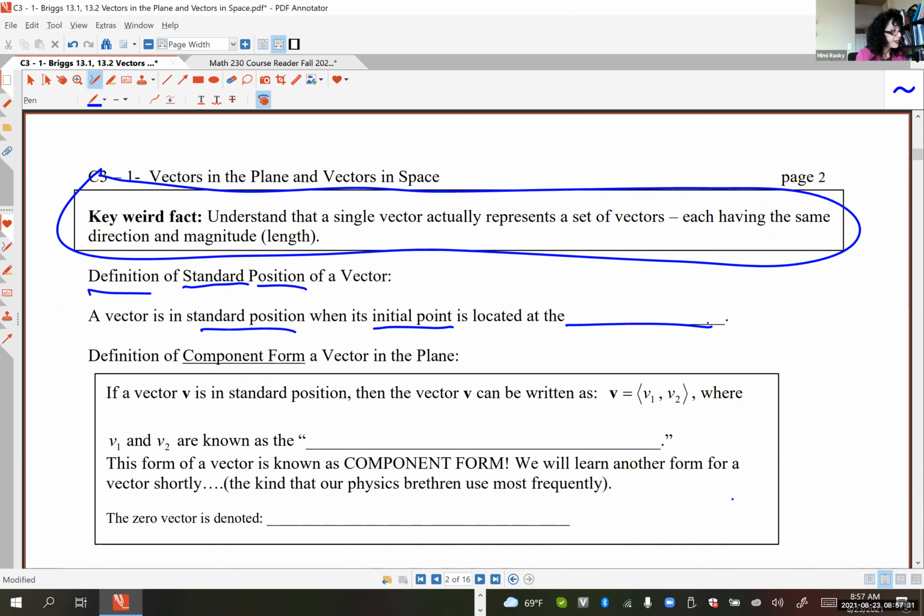At the blank? What's that? And that is at the origin. So if your vector is in standard position, somebody has moved it around so the initial point is there at the origin. And that's really useful a lot of times when your vector is located in standard position. Does it have to be? No, but it's easier to work with, as we'll soon find out.